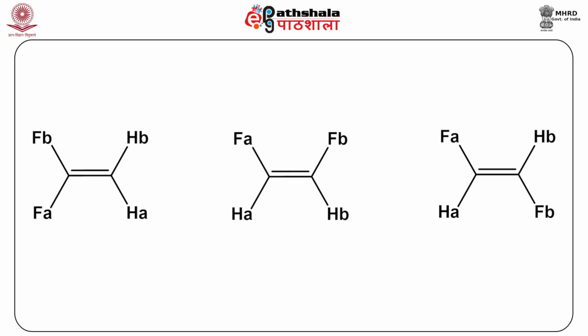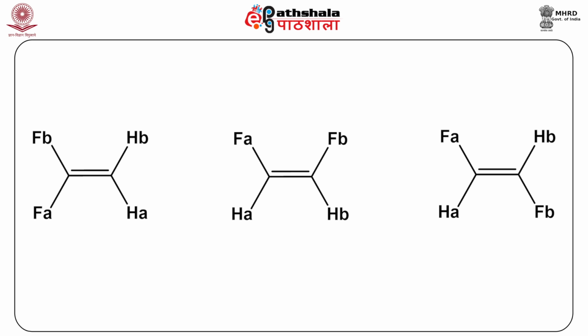Consider the 3 isomeric structures of difluoroethene. All the 3 isomers display an example of chemical shift equivalence, but which are not magnetically equivalent. Now, you can see here clearly in this figure all the 3 isomeric structures.